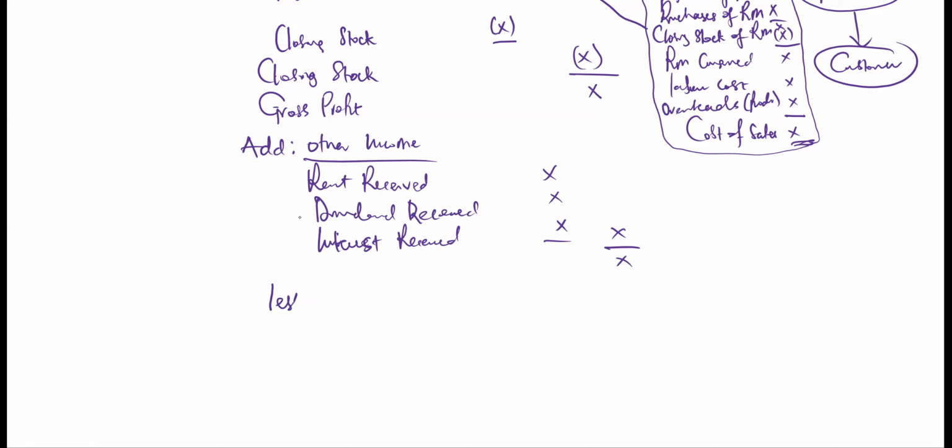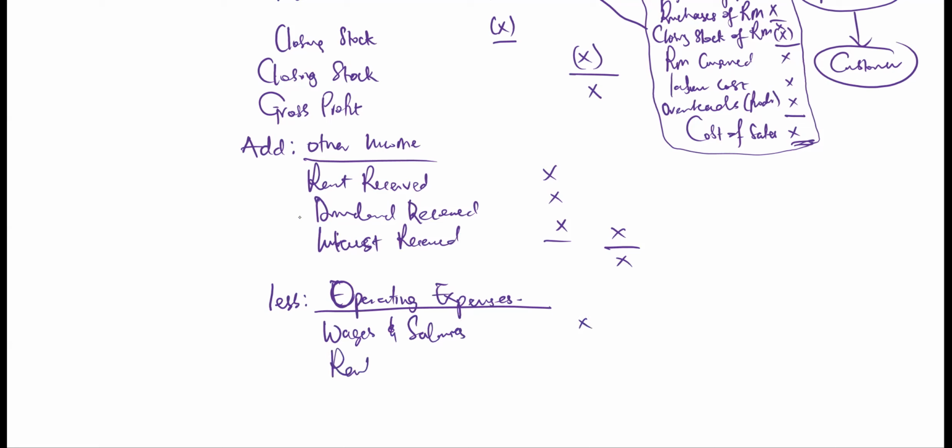Then we less what? What do we take out of this? Is it not operating expenses? Do you remember? We are just going basic accounting. I want to explain something to you. Operating expenses, let's start with common ones. Wages and salaries, right? Everybody, you must pay people. Rent expense. The business must pay utilities.